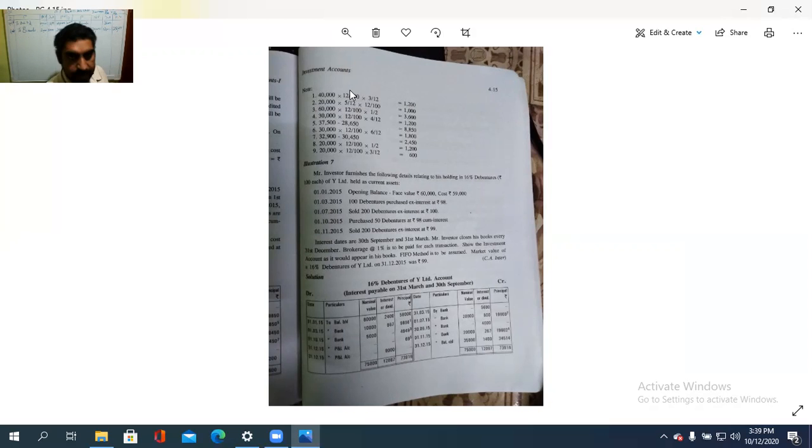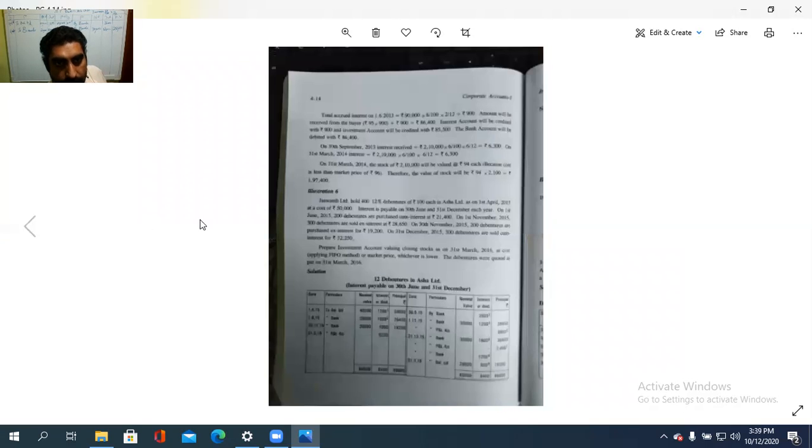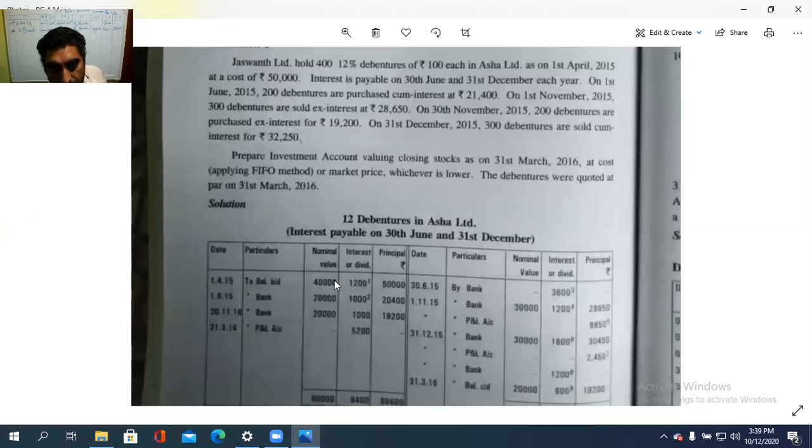1,200. Then after that, what they are telling: on 30th November, 200 debentures are purchased ex interest for 19,200.